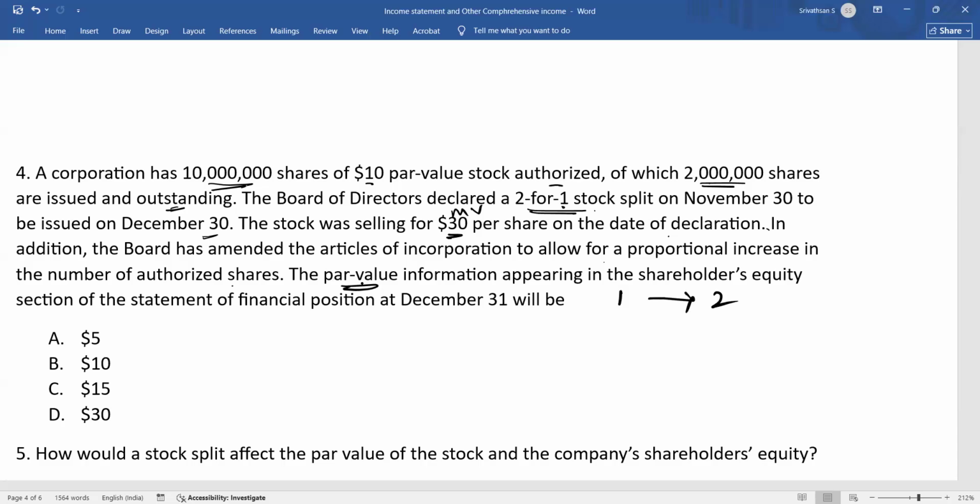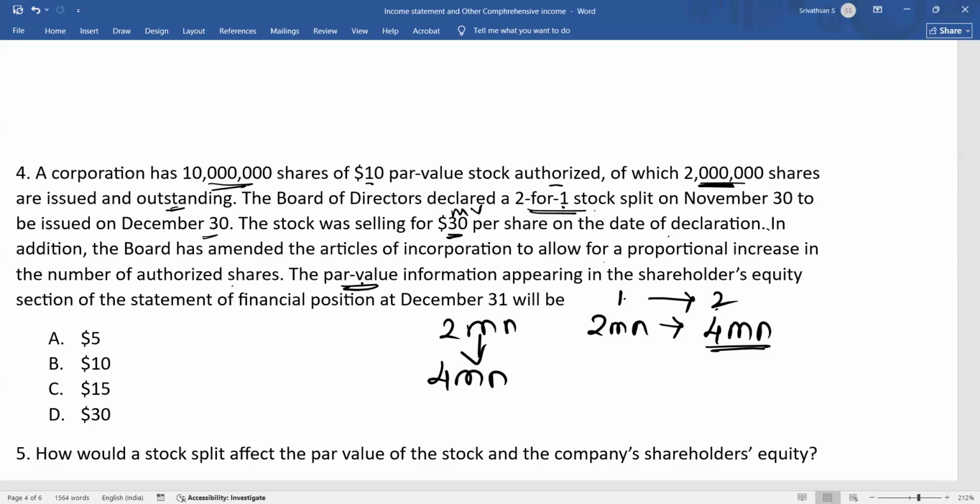Now, what is the total number of shares outstanding? 2 million shares are outstanding. So for 1 share, if the company is going to give 2 shares, then for 2 million shares, how many shares totally is the company going to give? Totally, they are going to give 4 million shares. Before the stock split, it was 2 million.